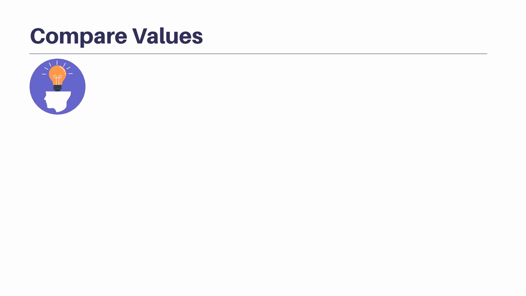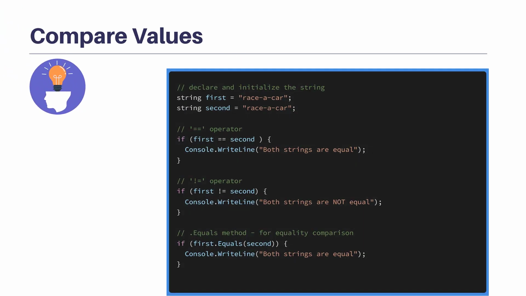Now let's have a look at some other commonly used string operations. The code snippet here shows equality comparisons between two string variables. In order to check if the values of two string variables are equal, we can use the equality comparison operator as shown here. For equality checks, we can use the double equal to sign. If you remember, while talking about conditional statements, I told that the double equal to operator behaves differently for reference types.